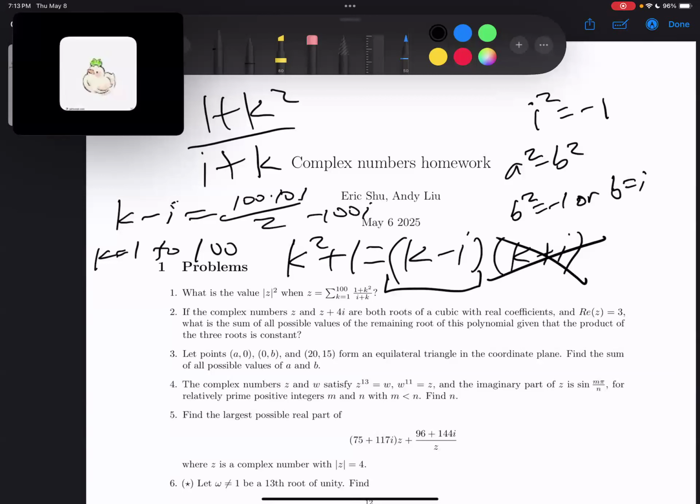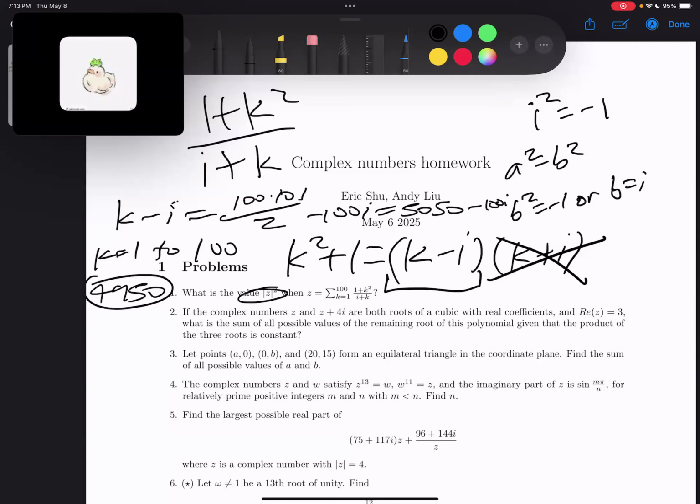Let me see here. It shouldn't say the magnitude squared because that's a really big number. I have it on my solutions page as just the real part plus the imaginary part. So this is 5050 minus 100i, and that gives an answer of 4950.